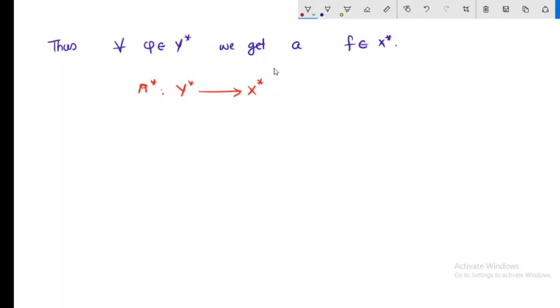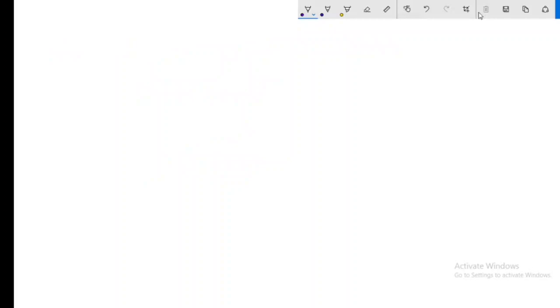As for every phi belonging to Y star, we get an f belonging to X star, we define this map like A star phi is equal to f. Now we are going to prove this A star is linear.